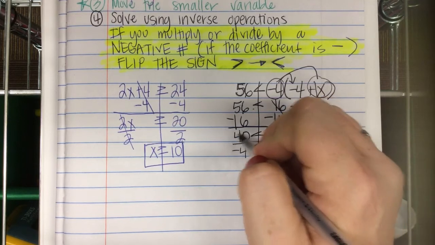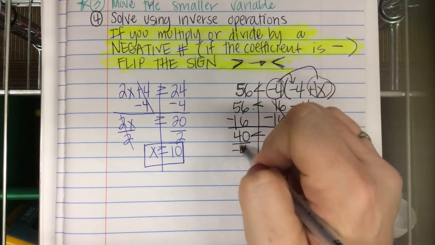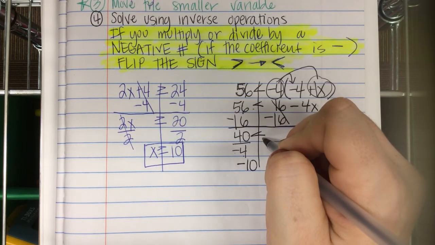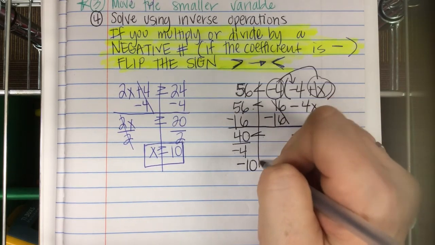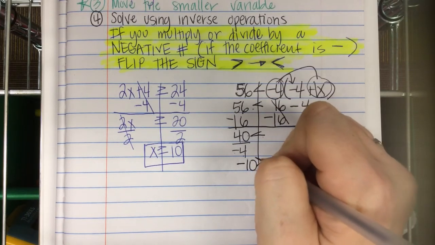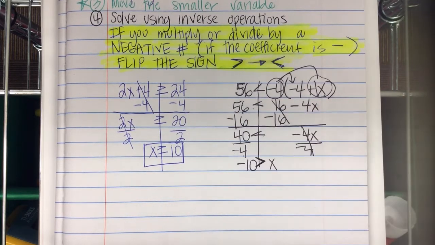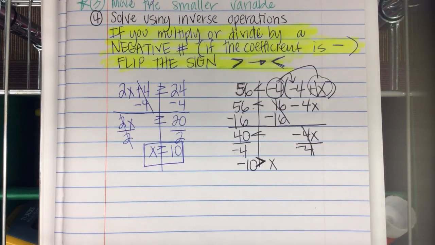So my answer, 40 divided by -4, is -10, but I have to flip my sign. Instead of opening to the right, it now opens to the left. And I'm left with x. If you multiply or divide by a negative number, only multiply, only divide, if your coefficient is a negative value, you flip the sign.